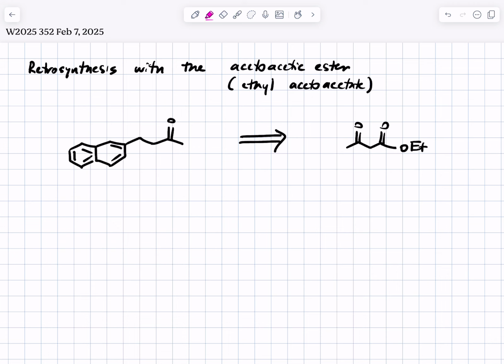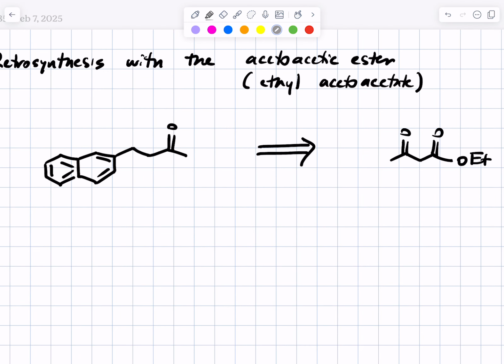So the best way to approach this problem is to look for the structural pattern that I told you about, and that is that products of the acetoacetic ester synthesis are alpha alkylated methyl ketones. So we're going to look for the methyl ketone. You're going to look for the alpha carbon that is not the methyl group.